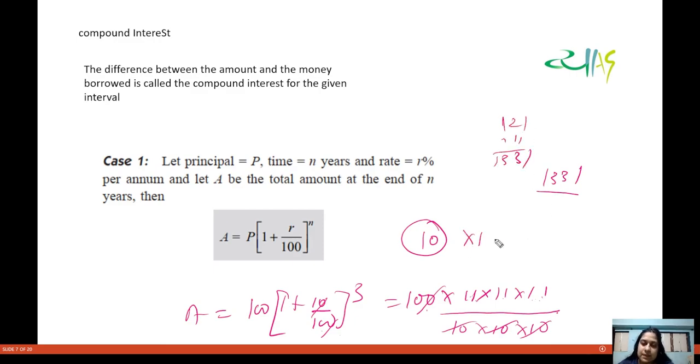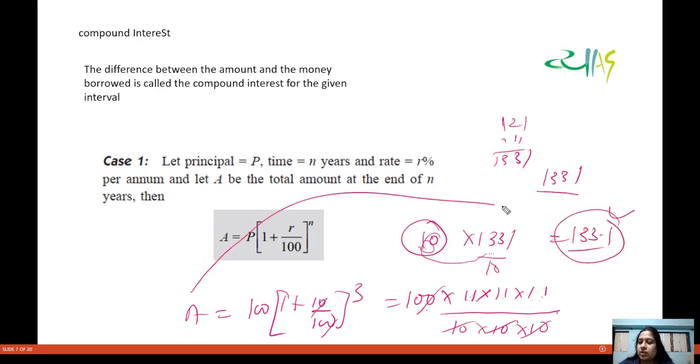So the amount is 1331 divided by 10, that is 133.1. Now we understand how we can calculate the amount.